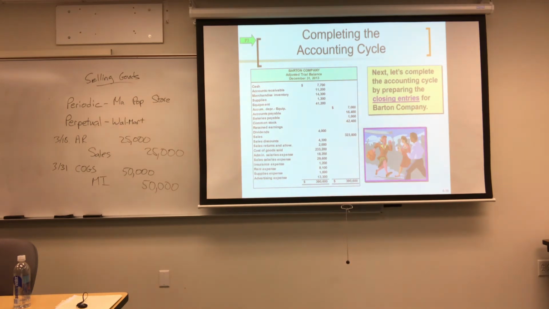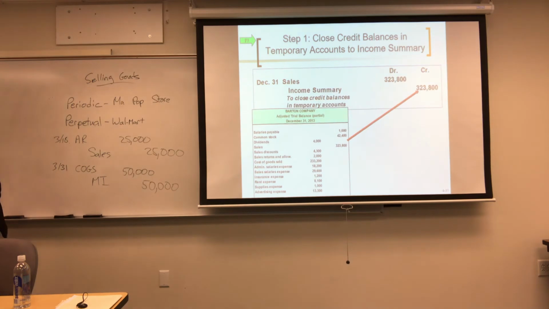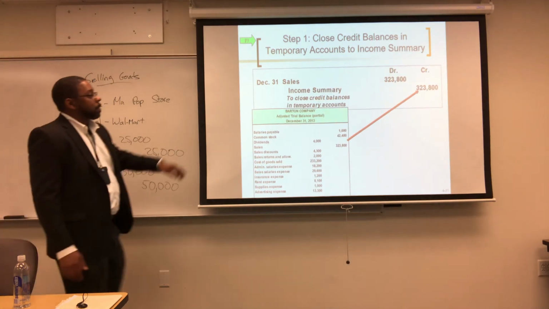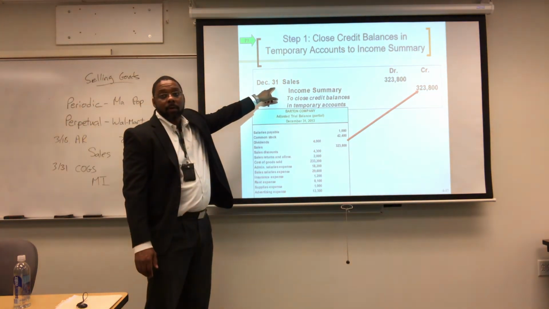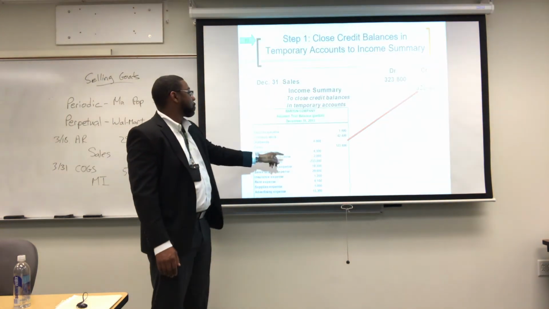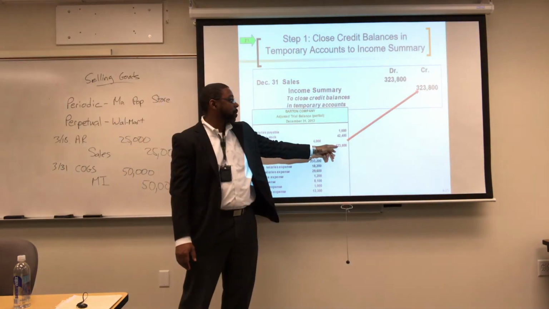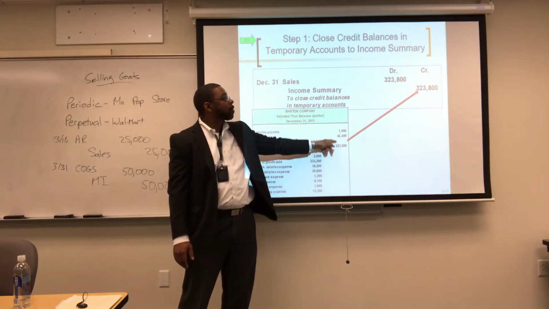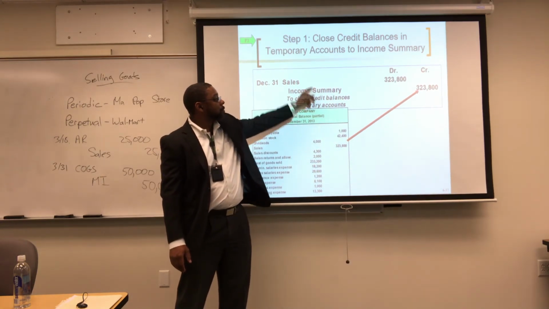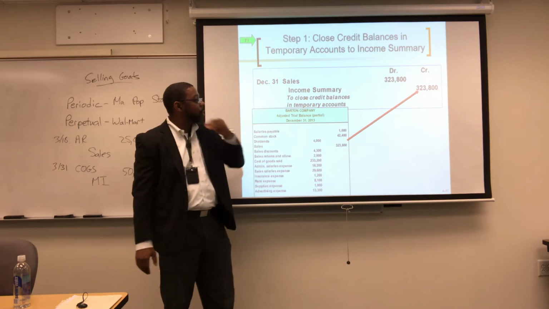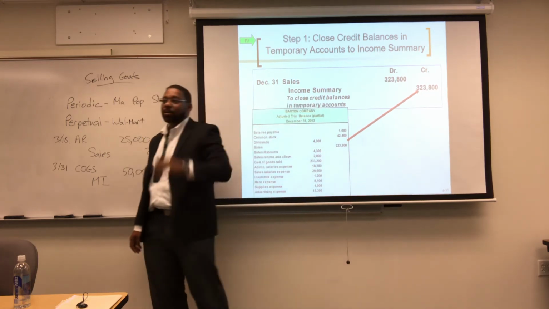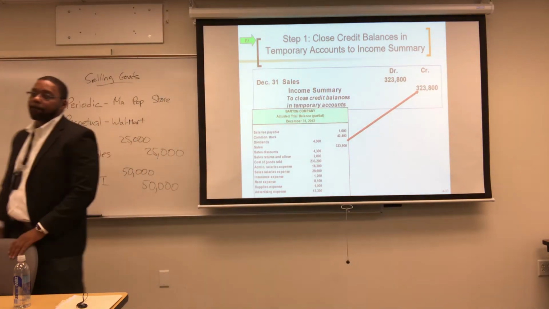So I'm just going to show you this one more time. We're going to take the revenue, the sales, and we're going to debit the sales. Here sales is a credit for $323,800. We're going to debit the sales, so then the sales account will be 0. We're going to credit those onto the income summary.